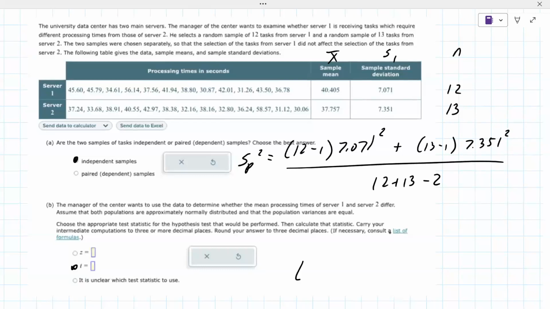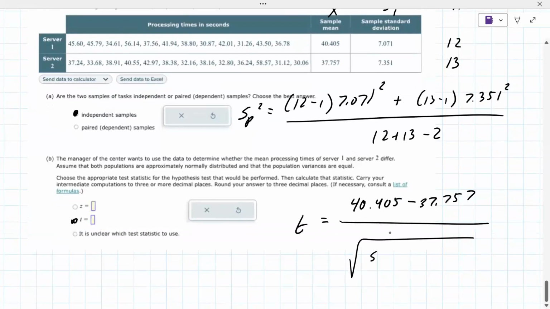And then your T value is the difference in the sample means, 40.405 minus 37.757, over the square root of SP times 1 over N1 plus 1 over N2, like that.